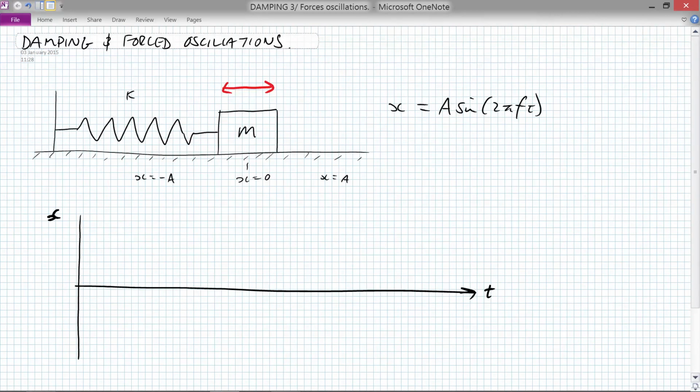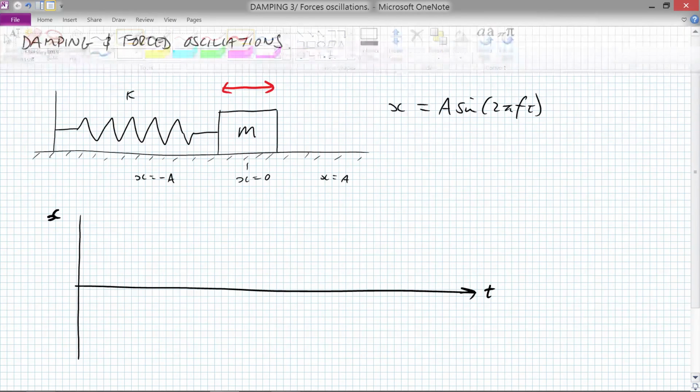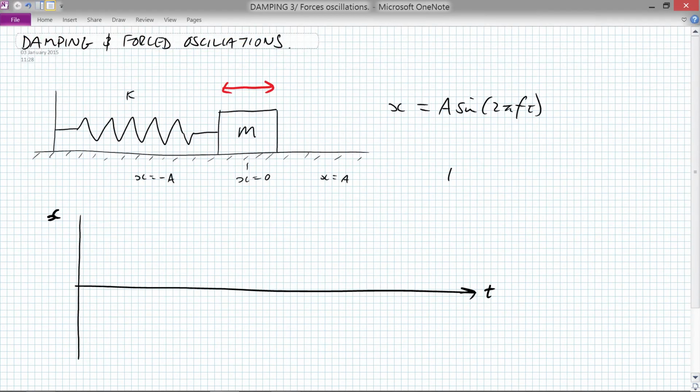So this is unrealistic, and this won't happen. What will happen? Well, we know that if work is done on the block, the block is going to lose some EK into friction. I'll call that W subscript F. It's going to lose some work to friction, and that means that less energy from EK is going to go into potential energy, because remember beforehand we had this cycle backward and forward between these two.